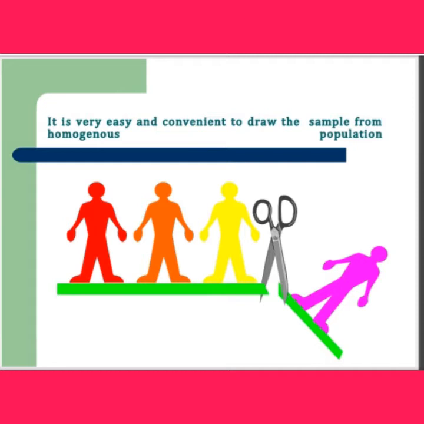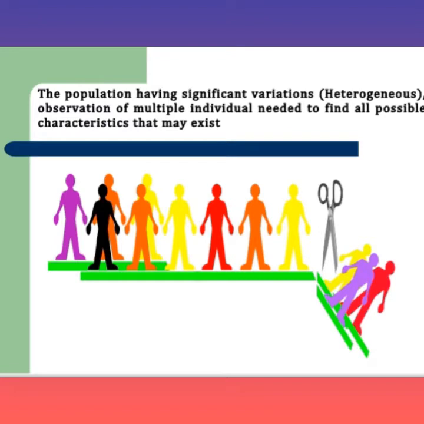And what is the purpose of the sample? It is to draw the inference. So once again I will define what is sample. It is a unit that's selected from the population and they are the representatives of the population. And their purpose is to draw the inferences.